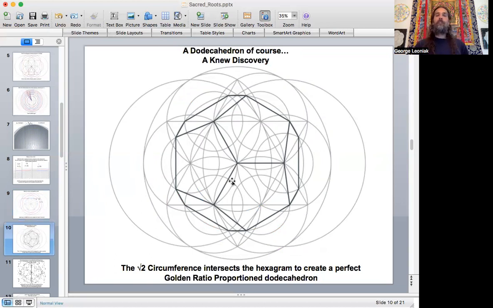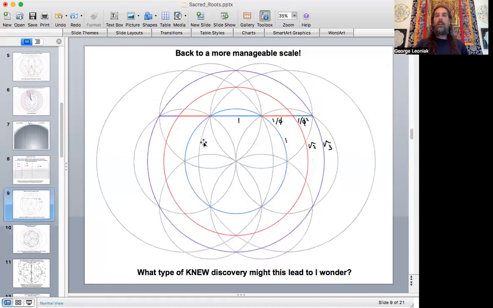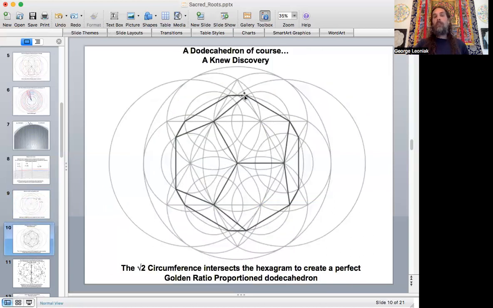Another new discovery: if we do that line and just simply draw the hexagram, Star of David, and if we do that, what will happen as it interacts with that root 2 circle, which I haven't colored this time, but it's the same one that is this red one over here in this image, it will give us John Melchizedek's missing line problem.